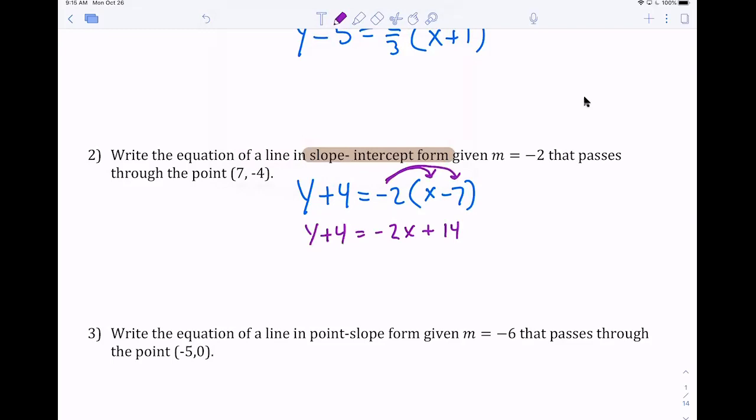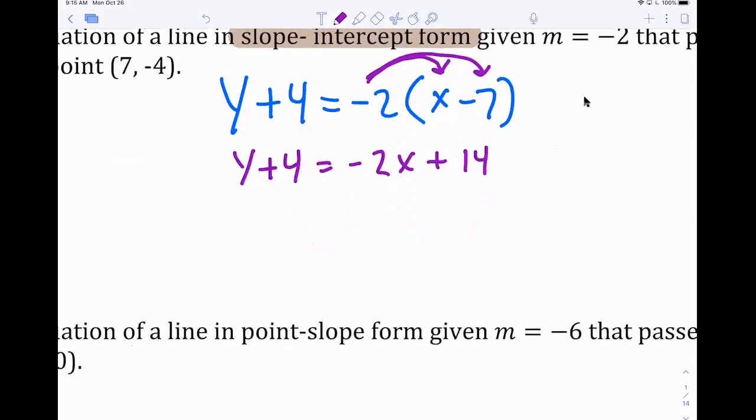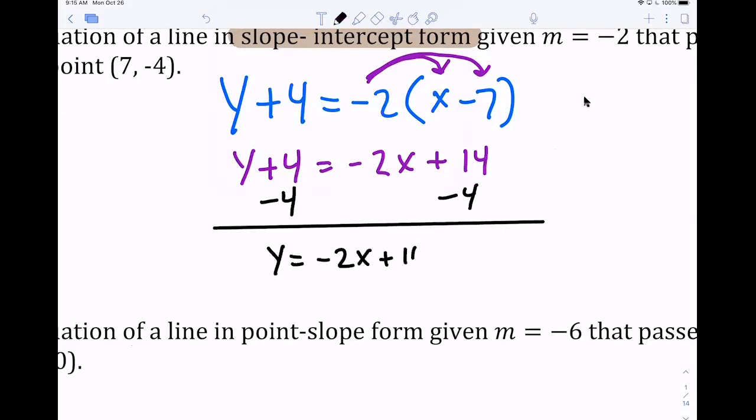And then what? Then you have to subtract 4. How does it feel? Good. Subtract 4. So now we have y equals -2x plus 10. And that's my answer.